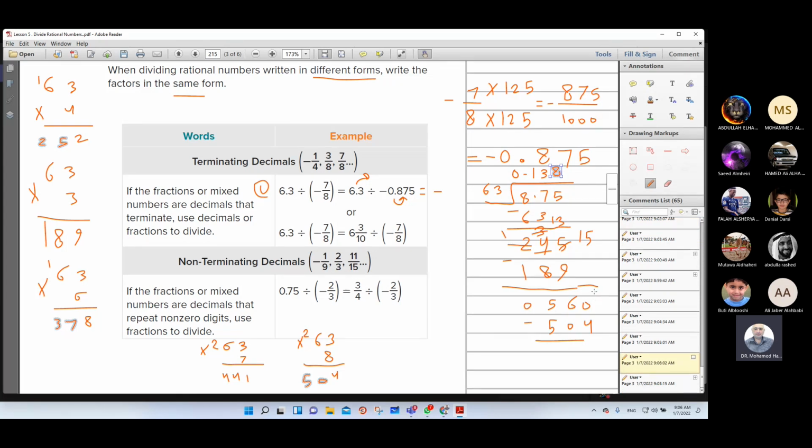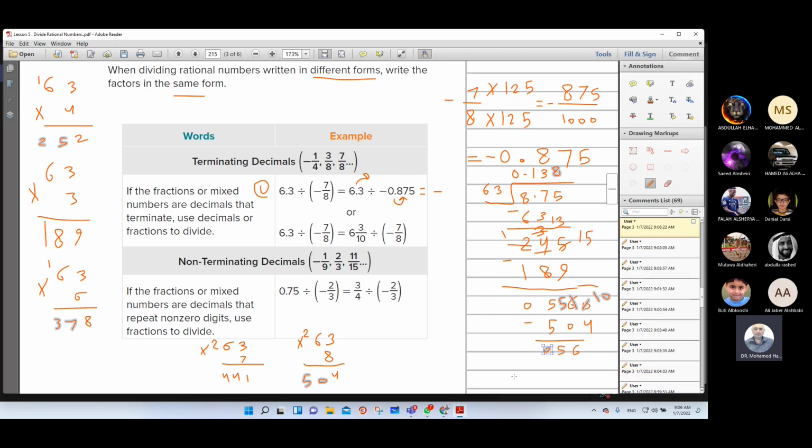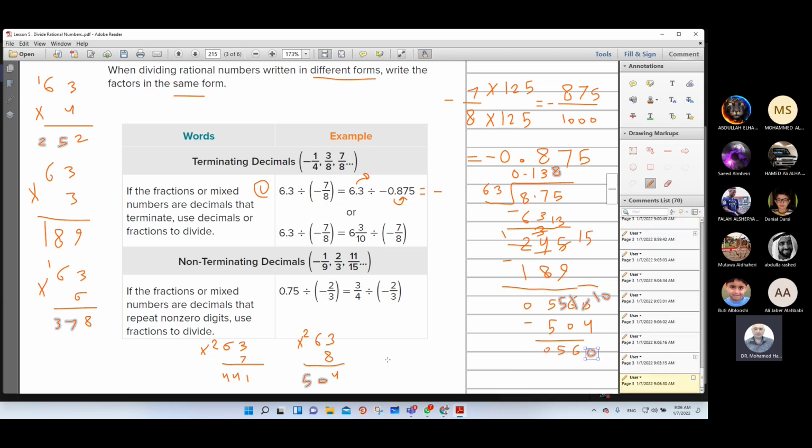Then you can do subtraction here. You can borrow 1 from 6. 6 will be 5. 10 minus 4 will be 6. 5 minus 0, 5. Then you have here 0. As you see, you get the same number, 56, the same number. If you put here 0, you will get the same operation.